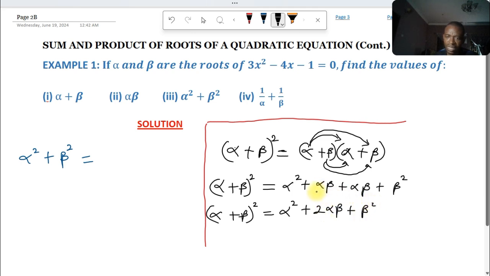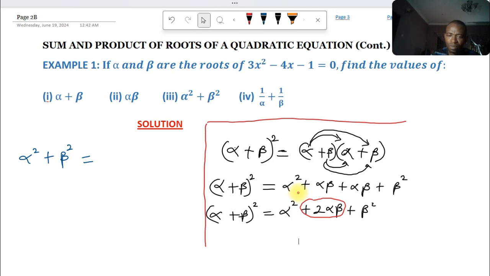Why do I write that? I have alpha beta twice, so that is 2 alpha beta. Now I'll move 2 alpha beta to the other side, and we will be left with alpha squared plus beta squared on this side.